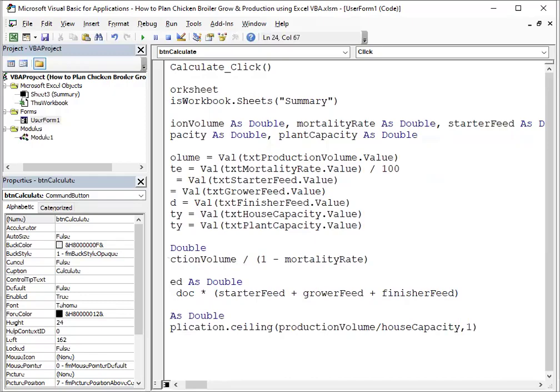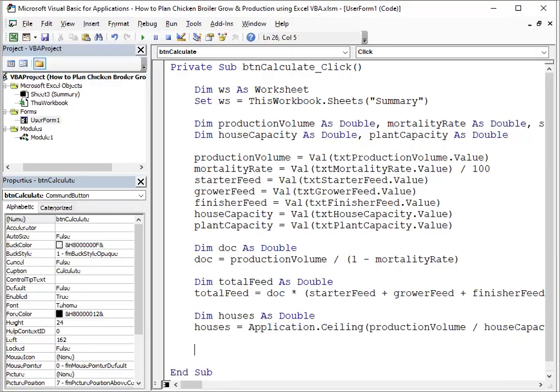Then I'm going to calculate the processing plant capacity, or the hours needed to process the harvested broiler chicken. Again, I'm going to declare the variable. Dim hours as double.